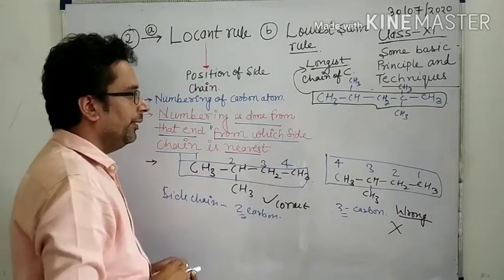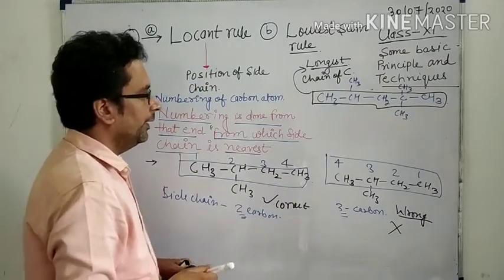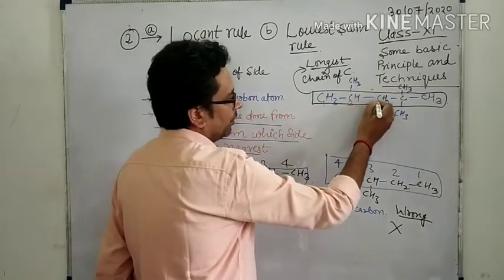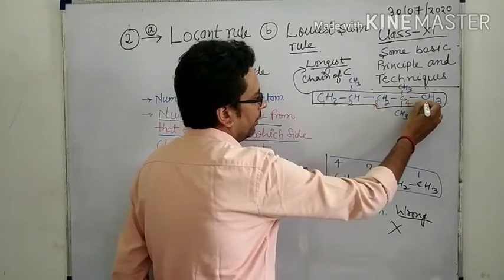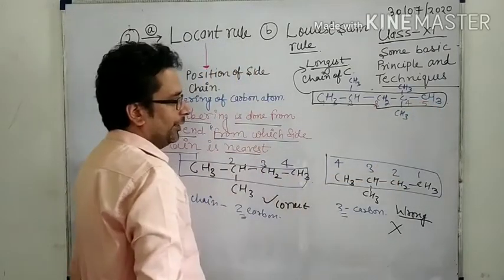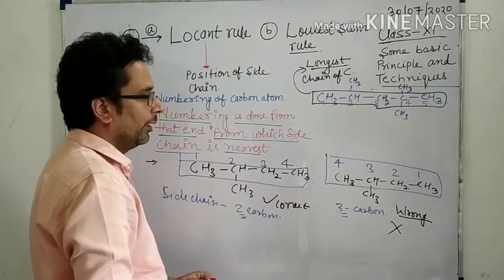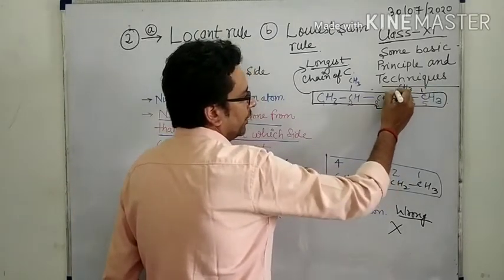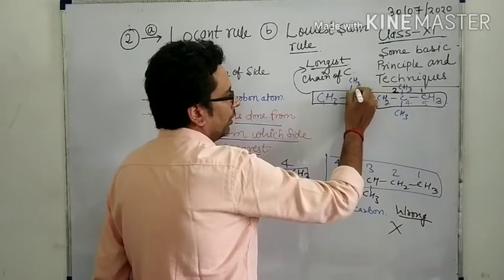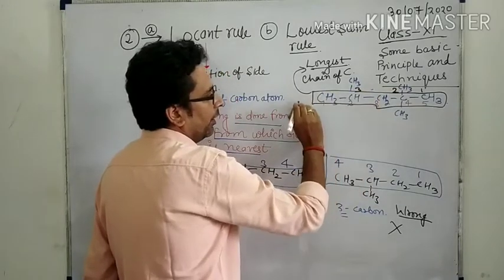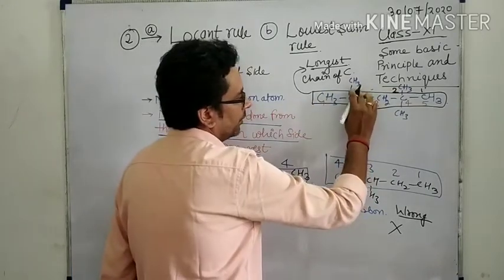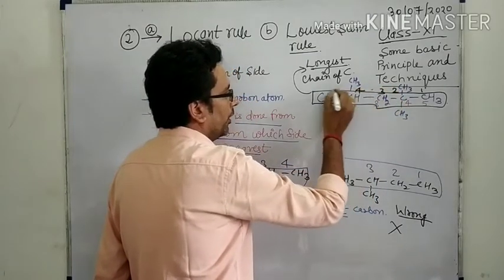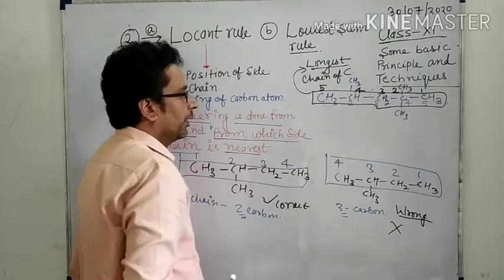Now, when we give the number, look here, 1, 2, 3, 4, 5. First numbering. Now second numbering, 1, 2, 3, 4 and 5.